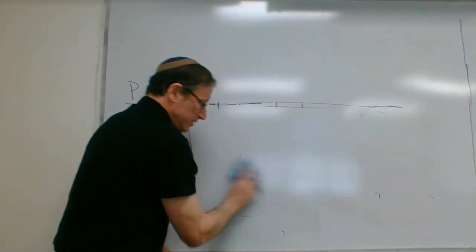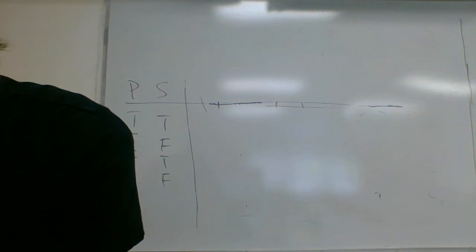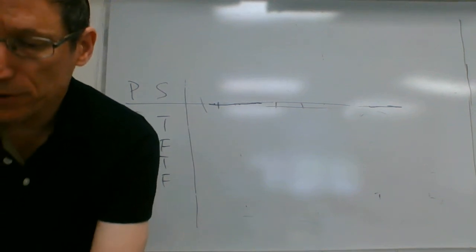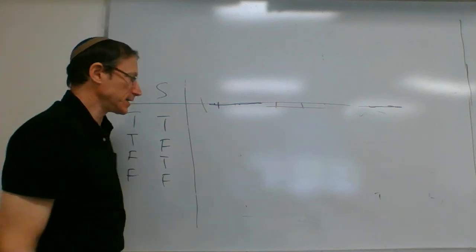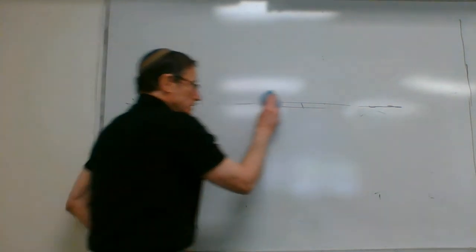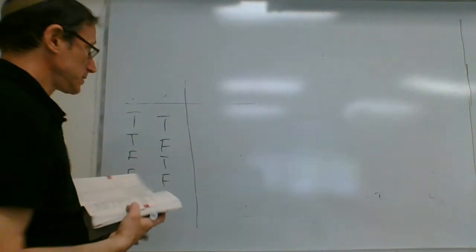I believe that this only has 2 components. We have not w dot not x. Let's see here.